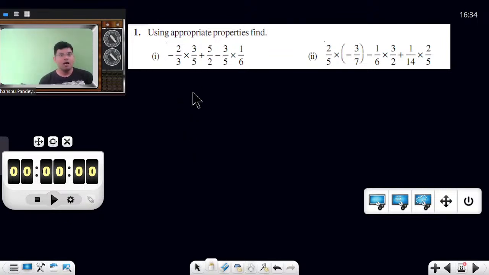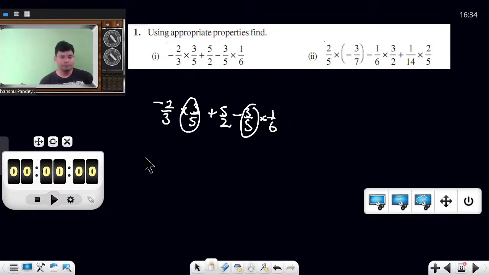Okay. See, what properties have to be written first. In the first case, you can see minus 2 by 3 into 3 by 5 plus 5 by 2 minus 3 by 5 into 1 by 6. Can all three of you see 3 by 5 here? Yes, sir. So it has to be brought here. So what will we write?